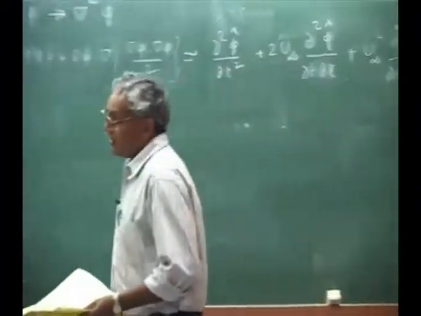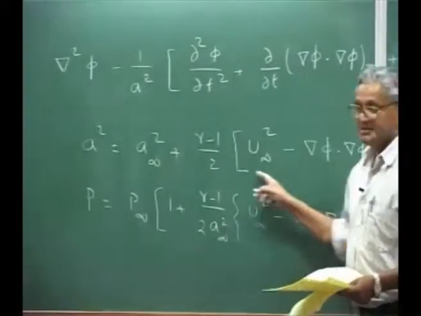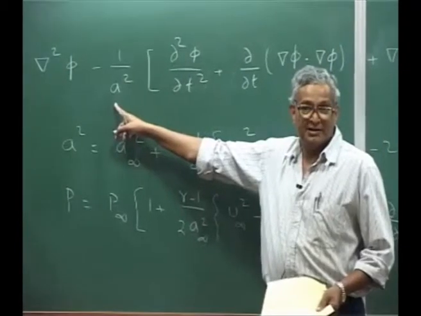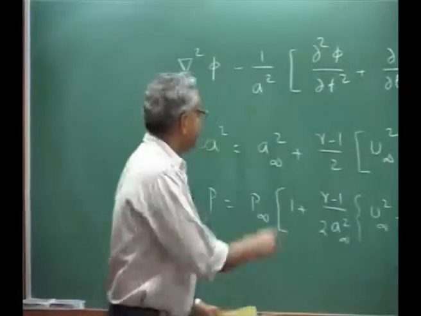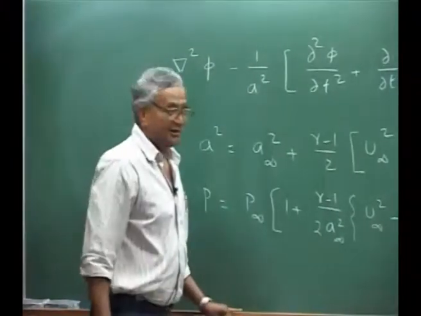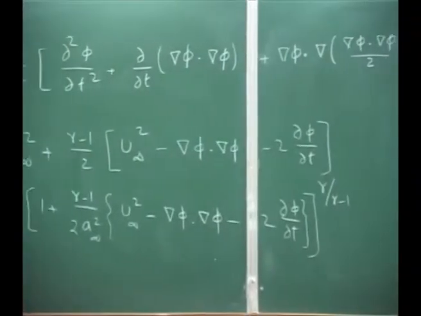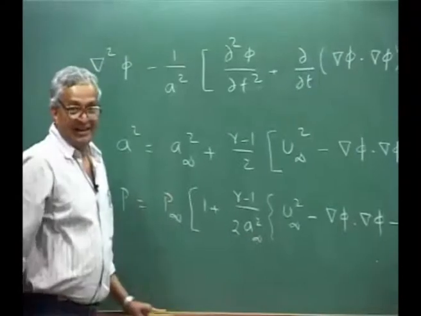Now you also have to see what I am going to do with this term, because here it is a square, and a square is again a function of phi. This is not independent.